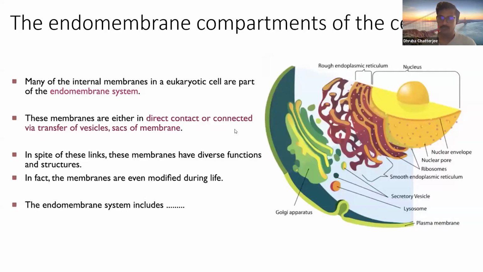We will look into them individually first, and then we will try to see an overview of how these structures are formed, how they communicate among themselves, and what their functions are in the context of cellular physiology and cellular functioning.